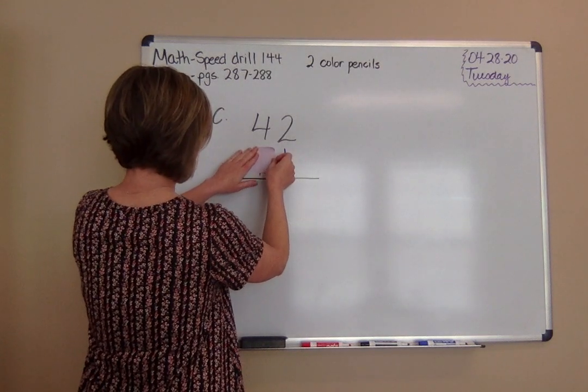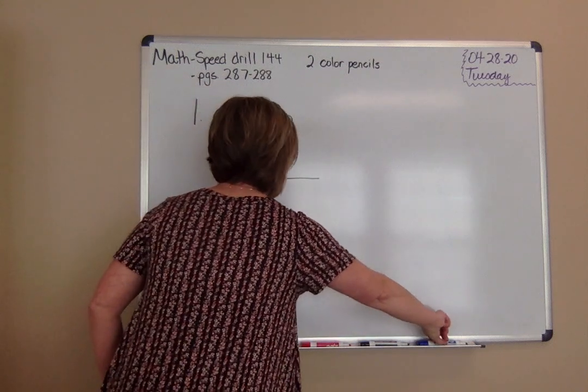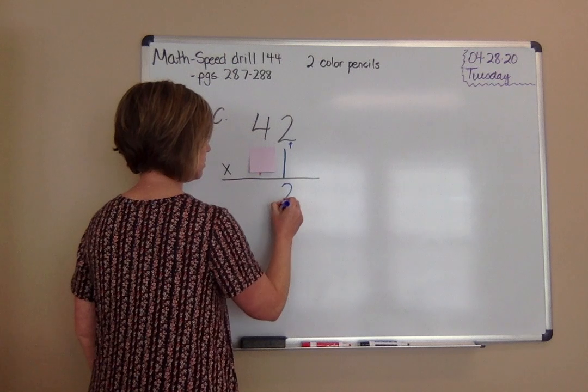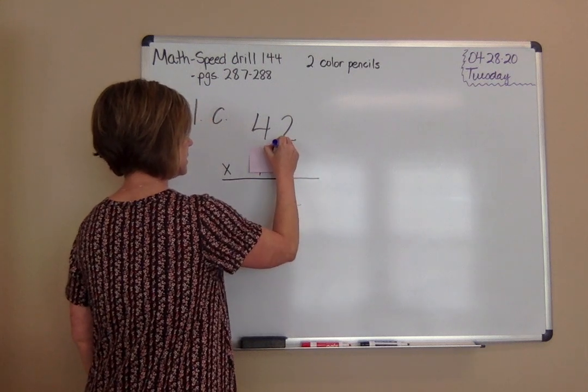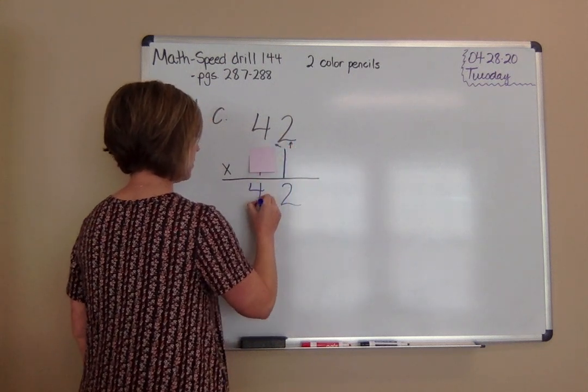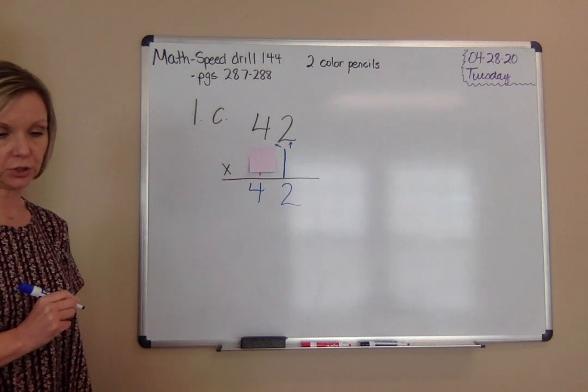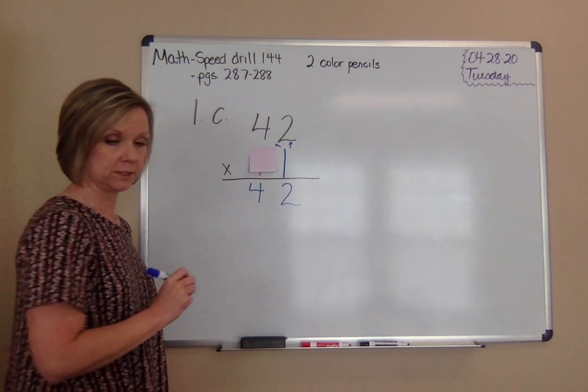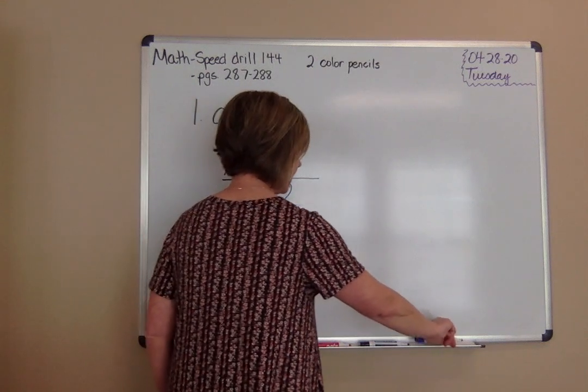So I'm not working with it right now. 1 times 2 equals 2. 1 times 4 equals 4. So you should have 42 there. Okay, this is 1C. That's easy enough, right?